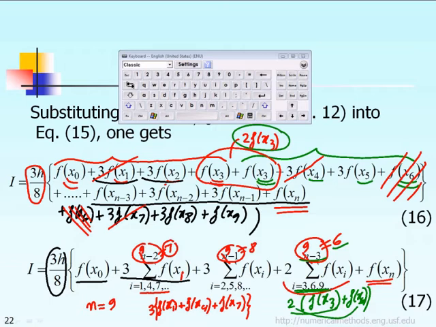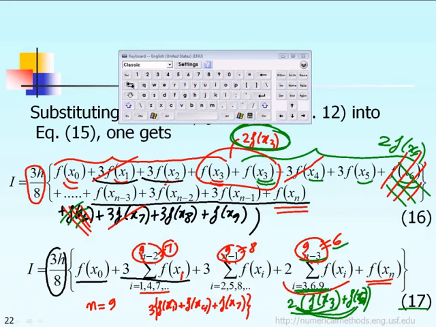Because the increment goes from 3, 6, 9, this is 2 times the sum of f(x3) plus f(x6). So 2f(x3) and 2f(x6). This is 2f(x3), and this term f(x3) combined with this term f(x6) together will give you 2f(x6). So clearly you can see equation 17 gives you a general formula to calculate the multiple-segment Simpson 3/8 rule.